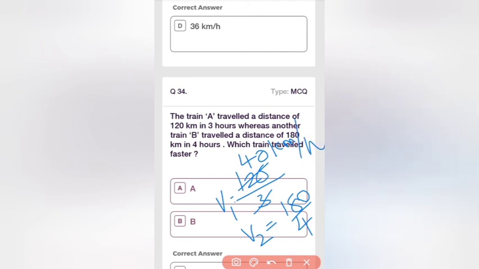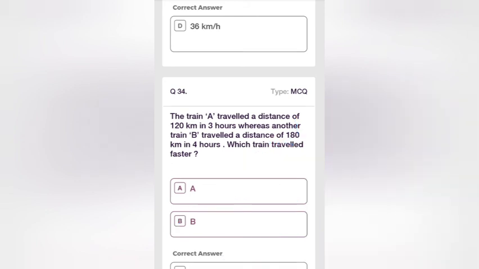And if you cancel this, so 2s are, and here 90. So 45 km per hour. So which is faster? 45 km per hour is faster. So B is fastest.